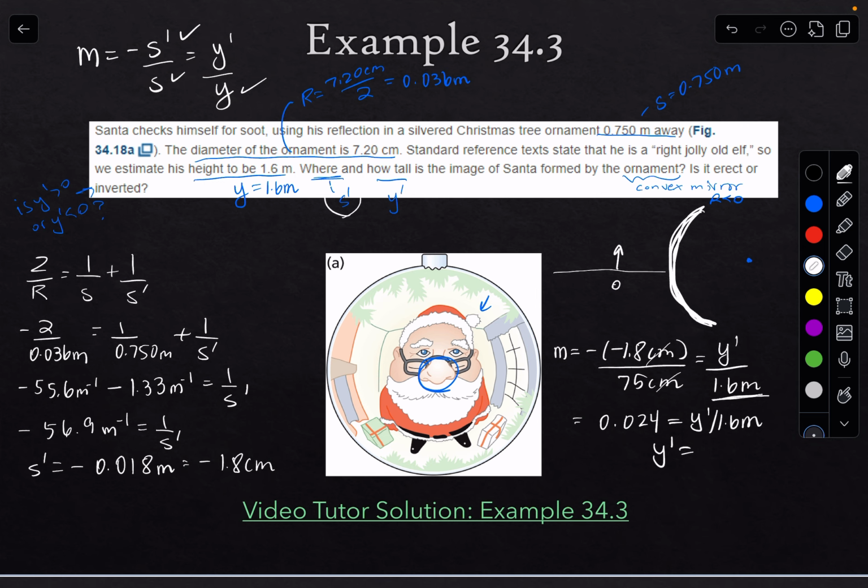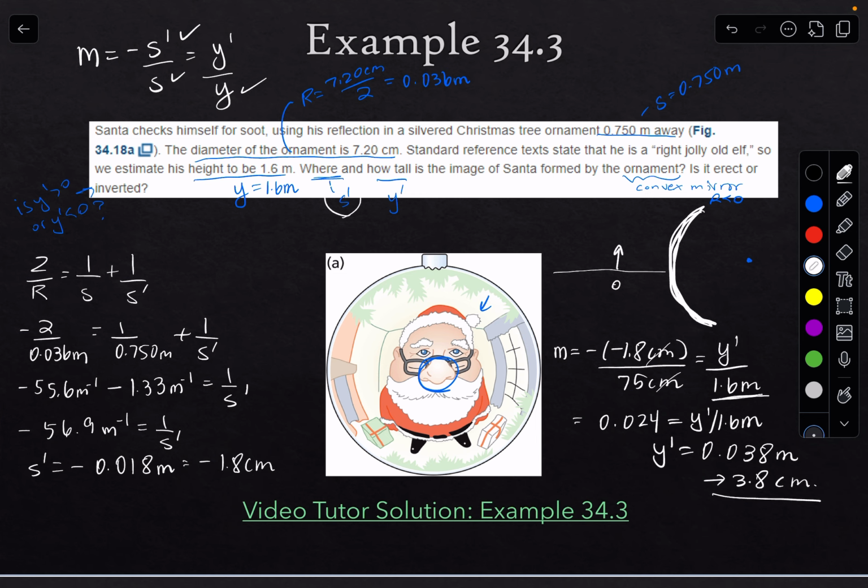That comes out to be, and this will be meters, 0.038 meters. Okay? In other words, 3.8 centimeters. And that is going to be Santa's image height in the ornament.